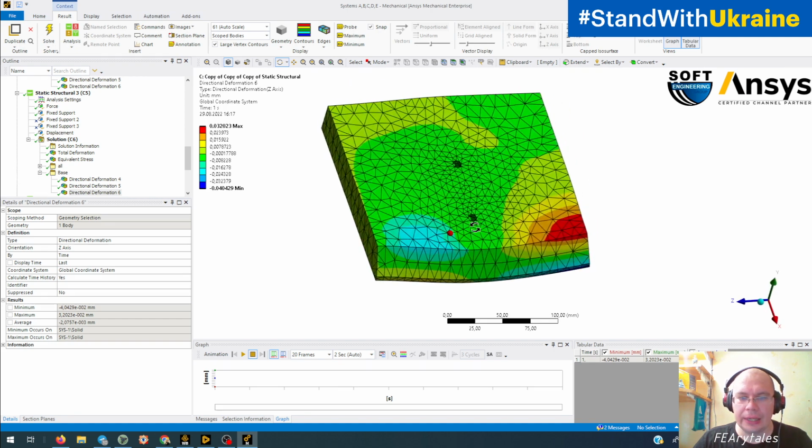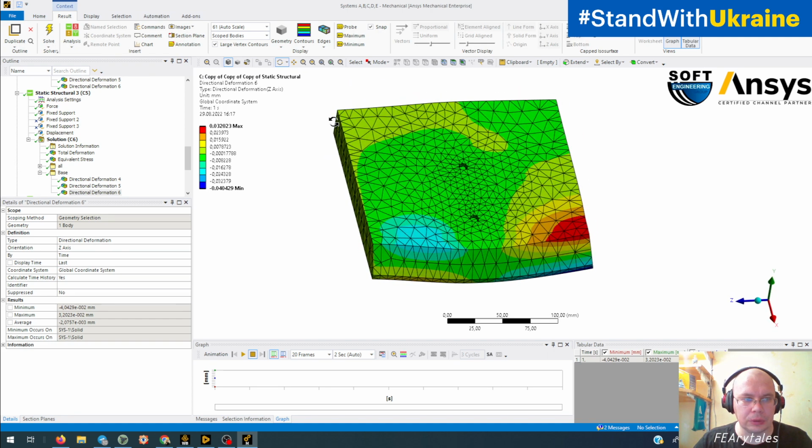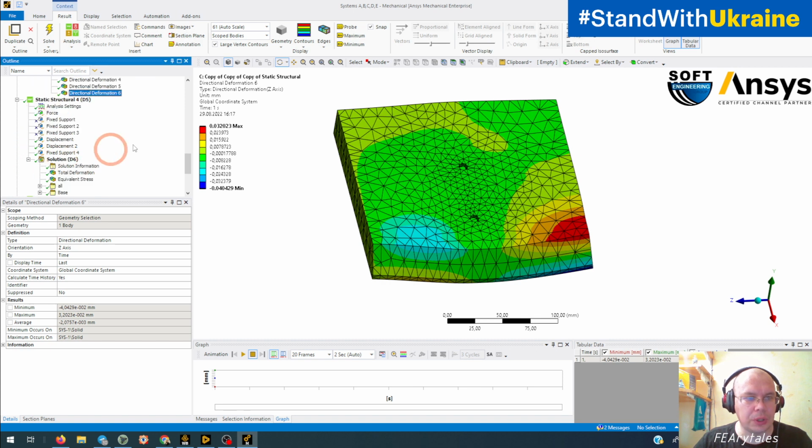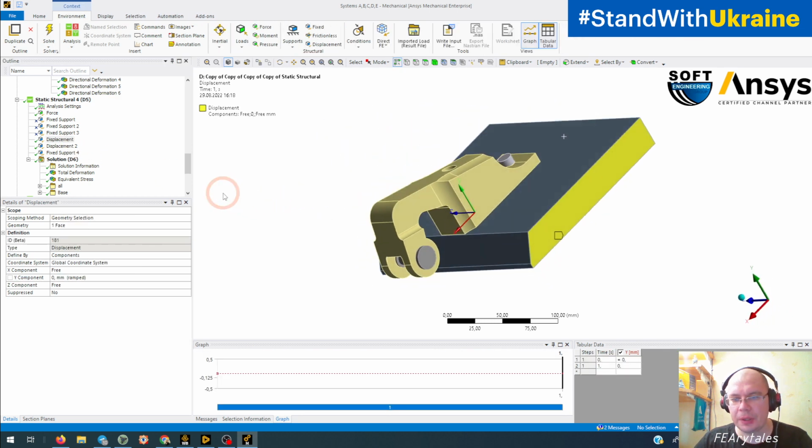Okay, let's try to change our statement another way, and let's make it more symmetrical. We do displacement here with y direction fixed and all others free.